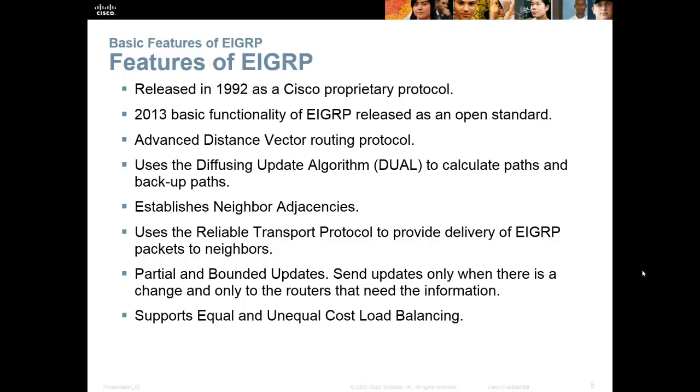But in 2013, Cisco released the basic functionality of EIGRP as an open standard. Now, what does that mean to you? It means other companies out there can implement EIGRP into their equipment, and then it would be able to function with Cisco stuff. So you may see other routers now out there that are able to perform EIGRP along with Cisco routers. So that's probably helped Cisco a lot.